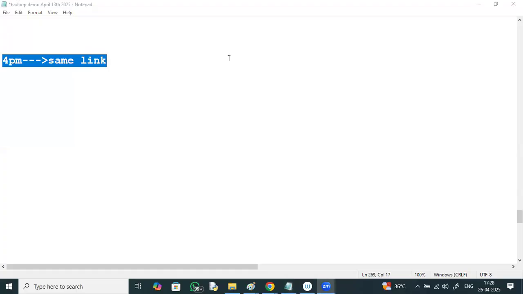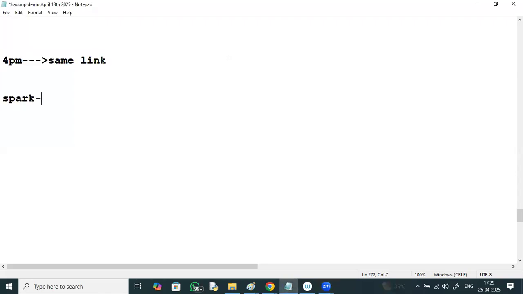Sir, for PySpark, we can use Scala as well, right? For the Spark module to implement, we can use the Scala language as well, right? Spark can be implemented using Python, which is mostly used.